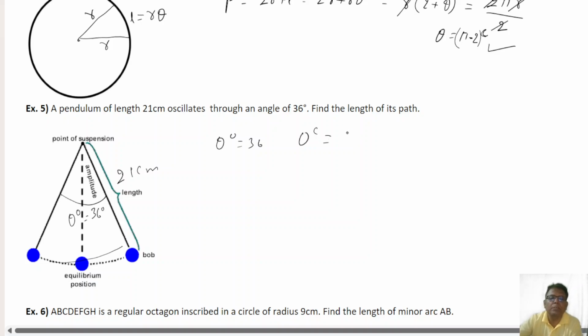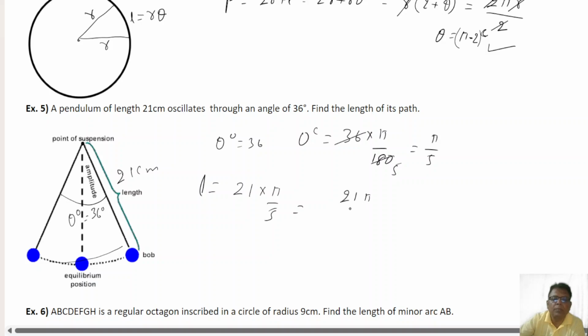Theta radian means 36 into pi by 180. So this gets cut, pi by 5. So arc length L is equal to R, R is 21, so 21 pi by 5. This is the answer.